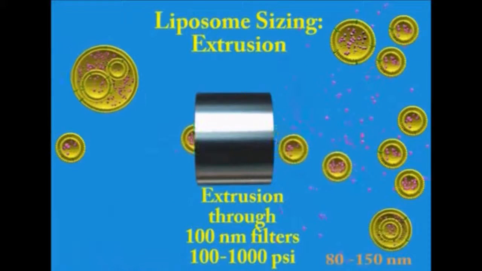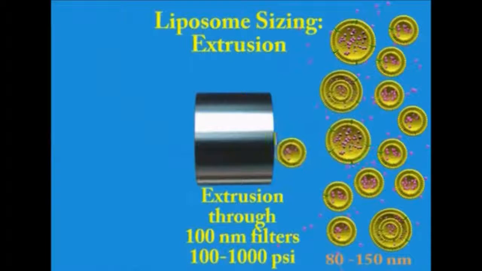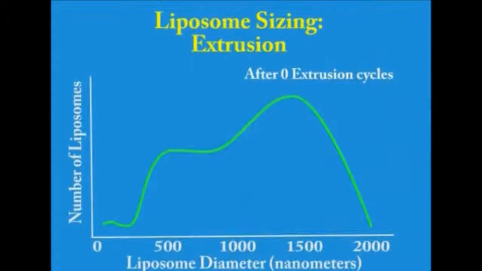Extrusion cannot be accomplished with standard liquid filtration devices. Larger extruders are pressurized by nitrogen, while extruders handling volumes less than 1 milliliter utilize gas-tight syringes to generate pressure manually.